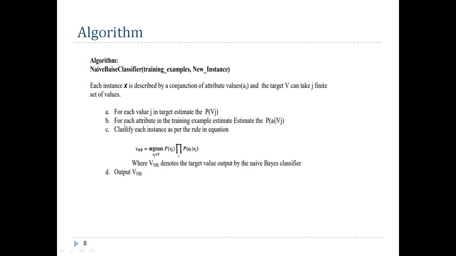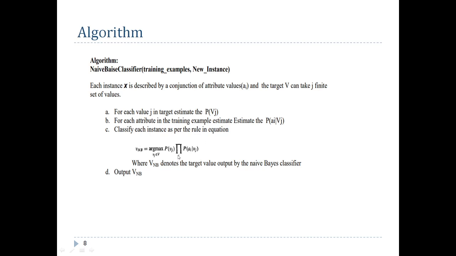For each attribute value we need to calculate probability values, then classify each instance as per the rule in the equation. Finally, we multiply all the probabilities of attribute values from the new instance or the test data, and we get the probability value.